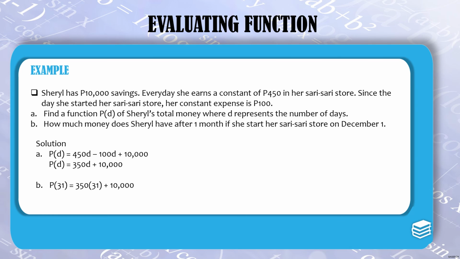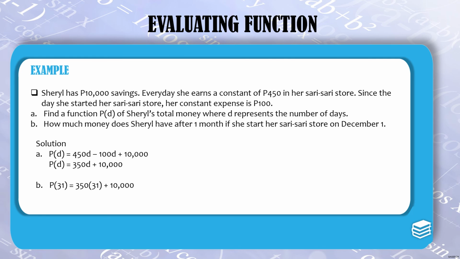We have P of 31. Bakit naging 31? Sasabihin natin kasi, makalipas ang isang buwan na halimbawa nag-open siya ng sari-sari store, kunyari nag-start siya ng December 1 based on the given, kung isang buwan na ang nakalipas, ilang araw ba ang meron tayo sa December? Di ba meron tayong 31 days sa loob ng isang buwan sa December.